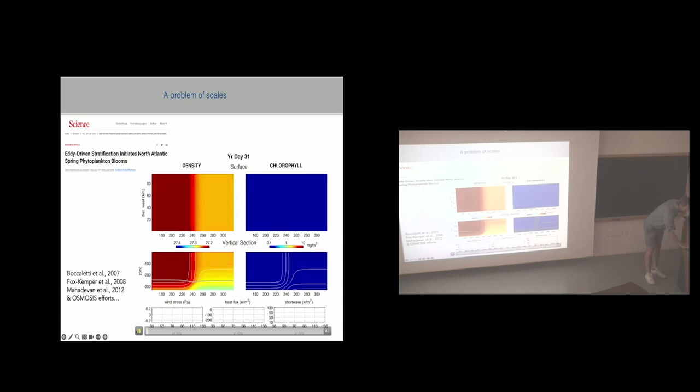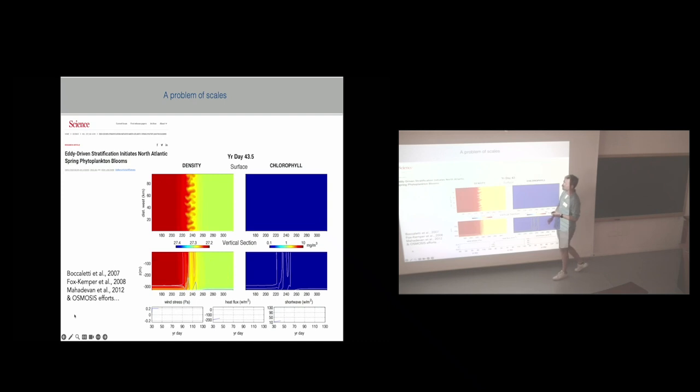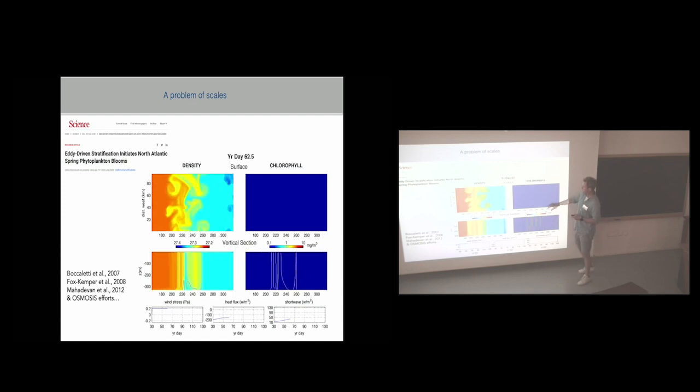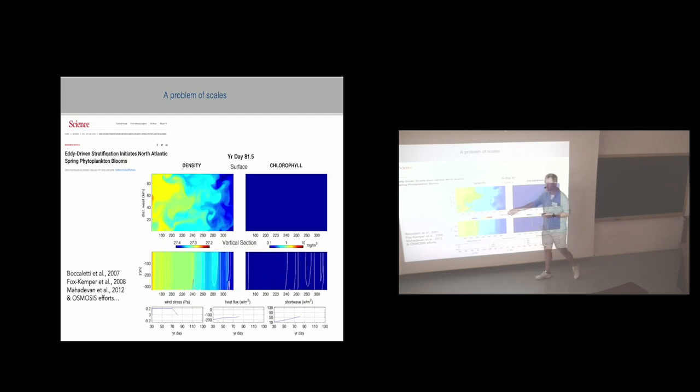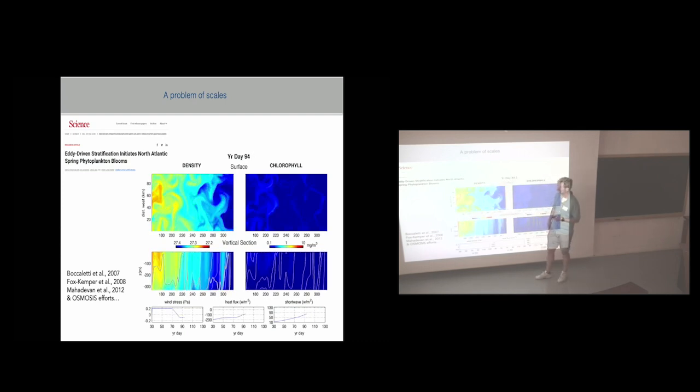And now if we run the model, what we see, similarly to those simulations by Fox-Kemper and Baylor, is that the front becomes unstable. It generates these mixed layer eddies. And nothing's really happening here because the mixed layers are still very deep, because we are also blowing wind along this front to create Ekman buoyancy flux.